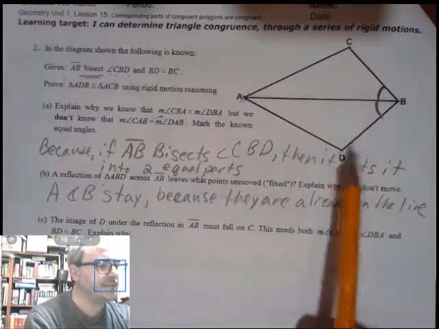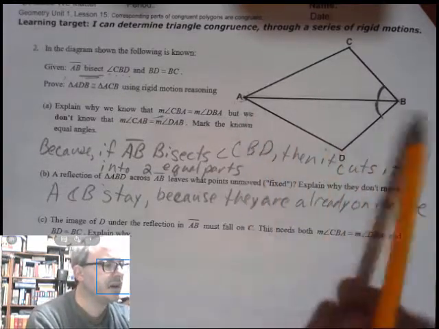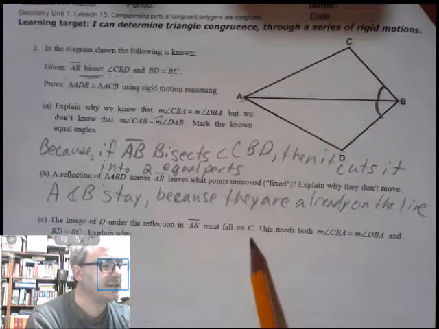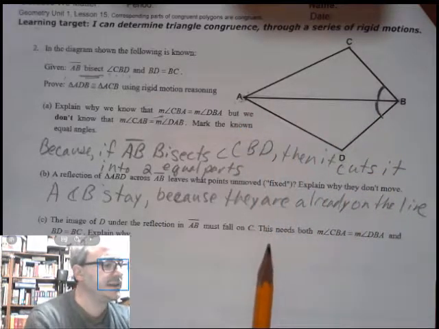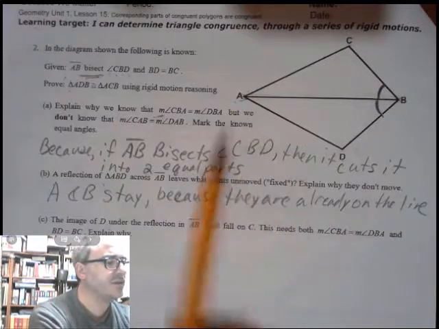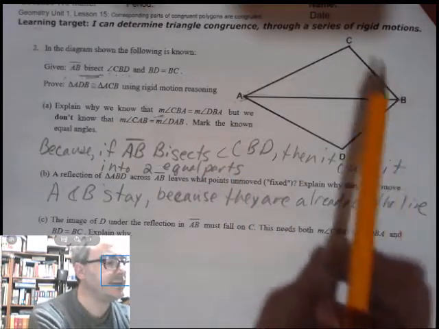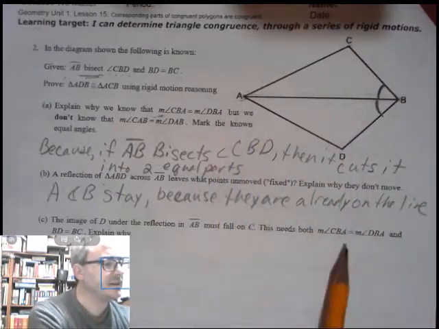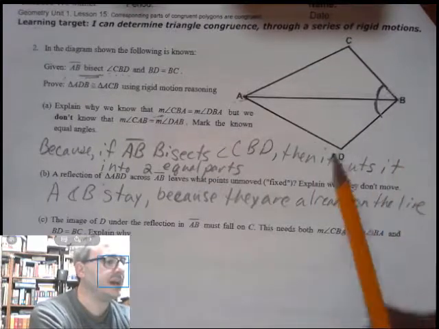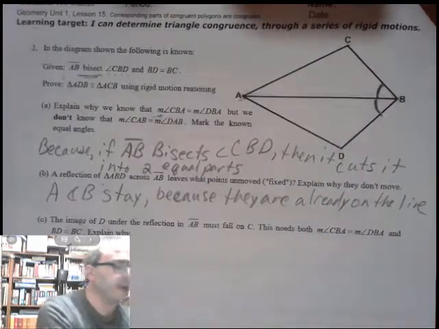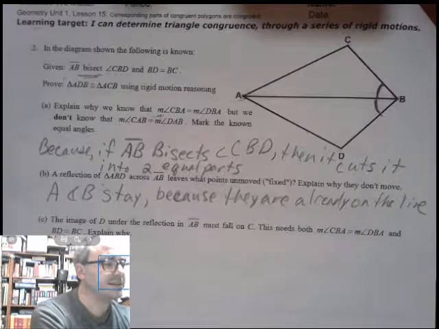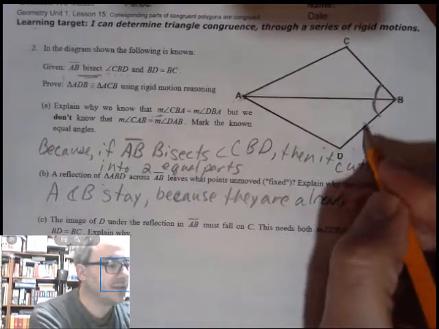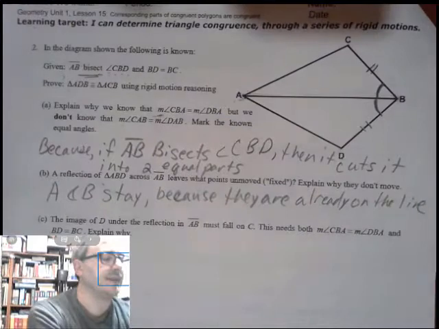The image of D under reflection over AB must fall on C. This needs both the measure of angle CBA to be equal to the measure of DBA, and BD has to equal BC. So this is going to be congruent to that.